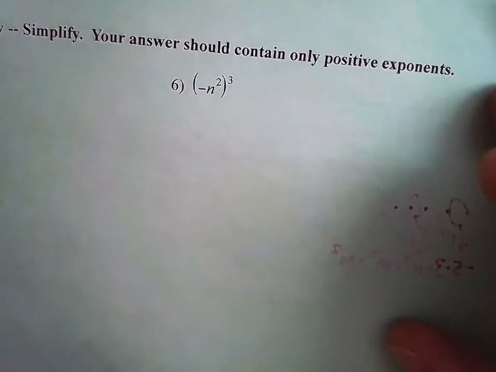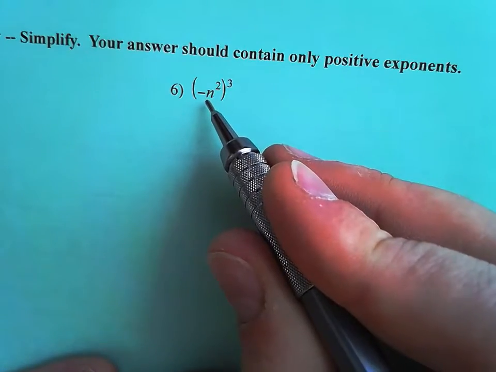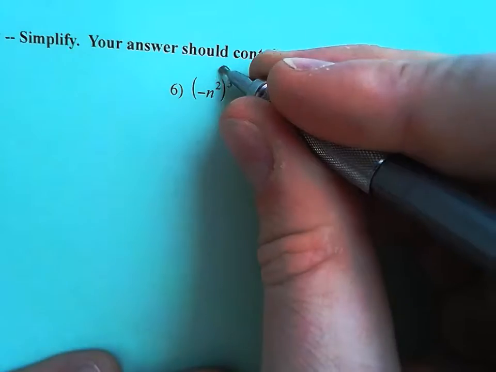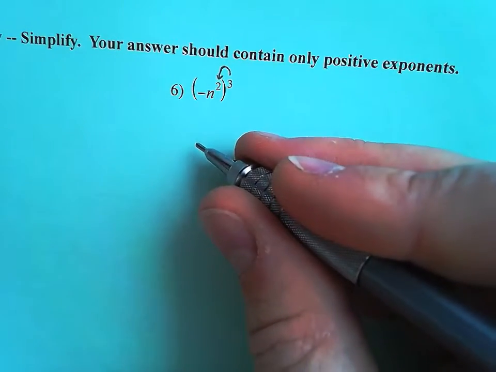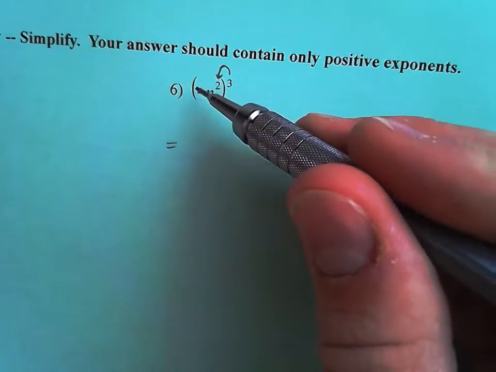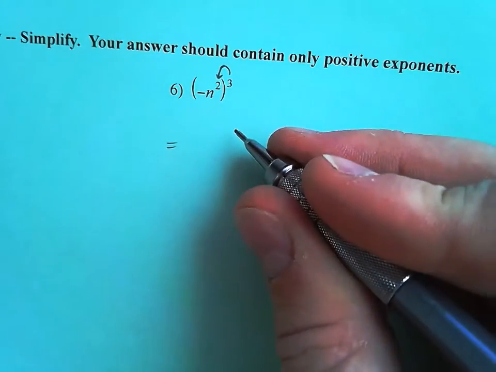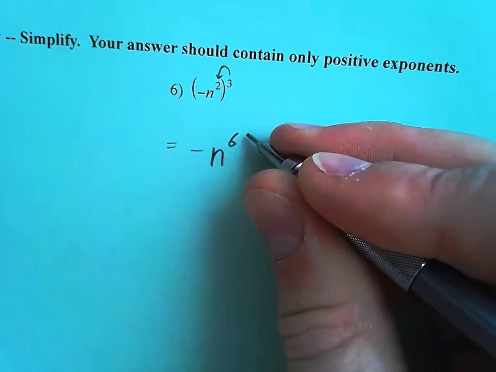Okay, number 6. Is the negative going to cancel or no? Well, I'll answer it, then I'll show you the long way, so you can understand how that works. Because it's -n squared cubed, it's going to become -n to the 6th.